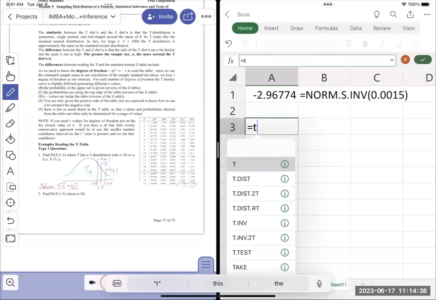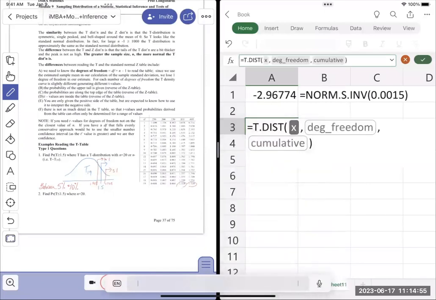When I say we don't interpolate, it's because we're on a curve, right? We can't easily average or anything like that. Okay, so T.DIST. Now, is this going to give me the left or the right tail?